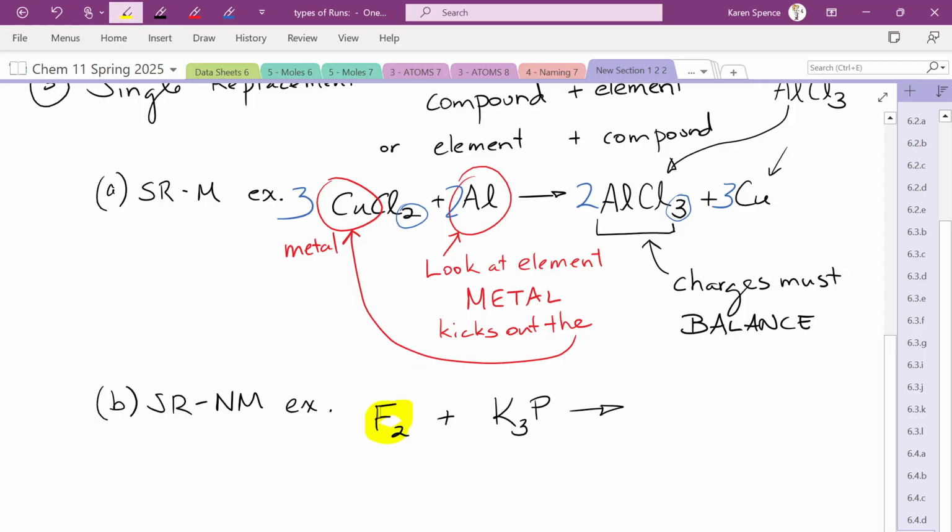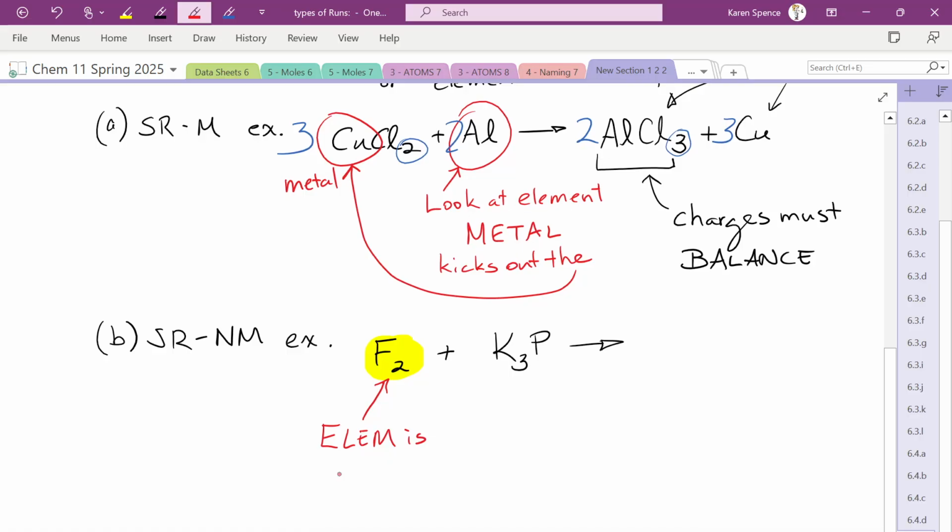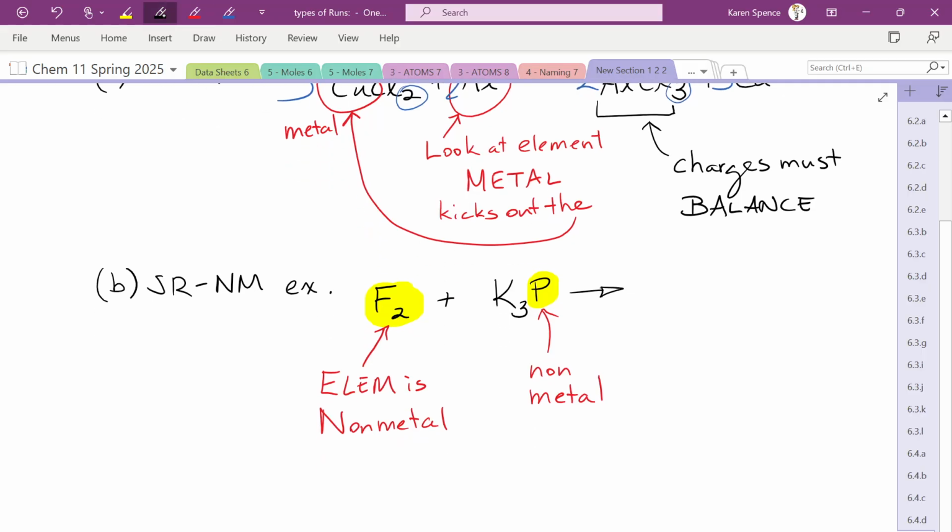You look at your element, and the element is a non-metal. Therefore, who does it need to kick out? It needs to kick out phosphorus because phosphorus is the non-metal. So when it kicks it out, that means that F and K are going together.